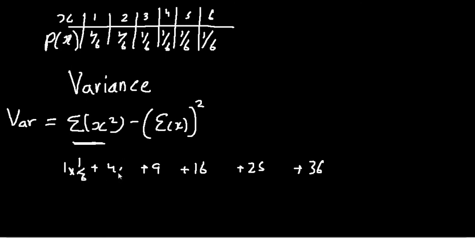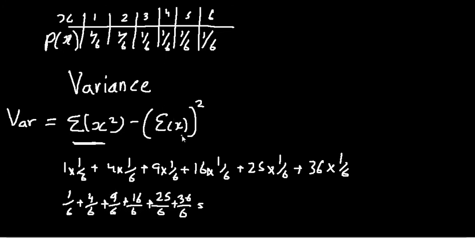Each one of those is multiplied by a sixth, and then you add each term. So that's a sixth plus 4 over 6 plus and so on, which is equal to 91 over 6.